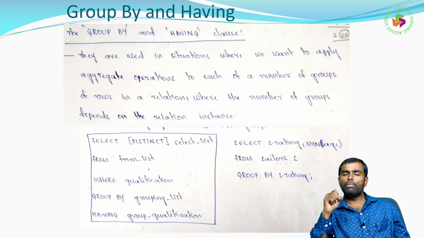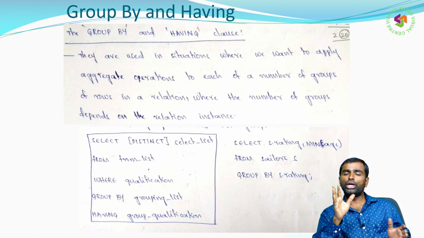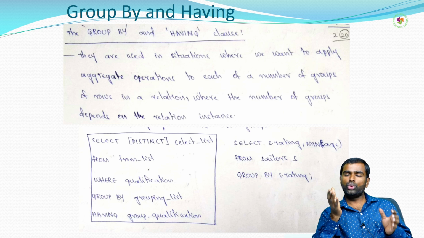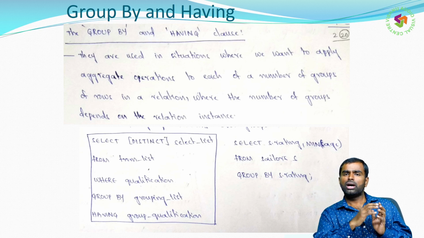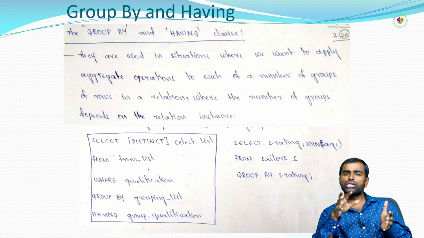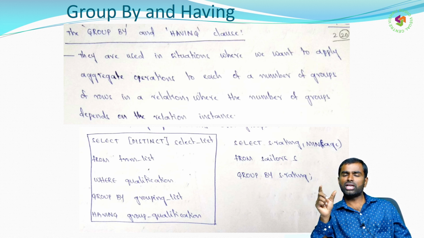Next, group by. Group by is nothing but, based on a particular column, dividing the table into groups. For student, maybe male and female; for employee, male and female; or based on CGPA, students into a number of groups; based on rating, employees into groups. Employee ratings can be given, for example, from 1 to 10.